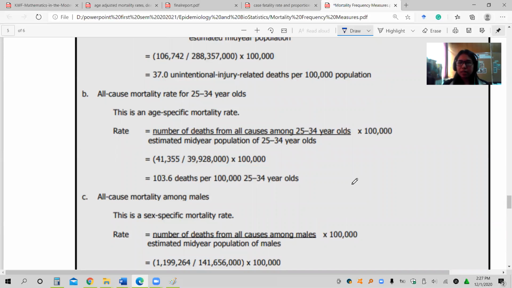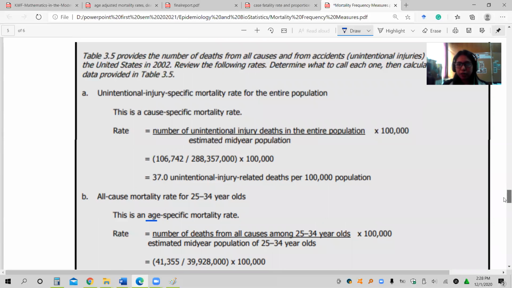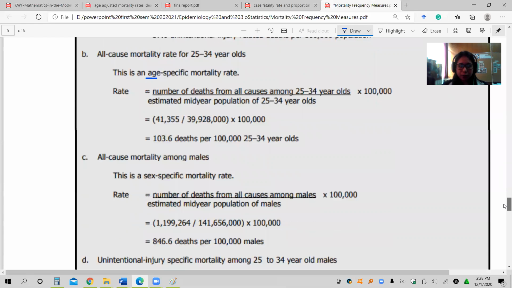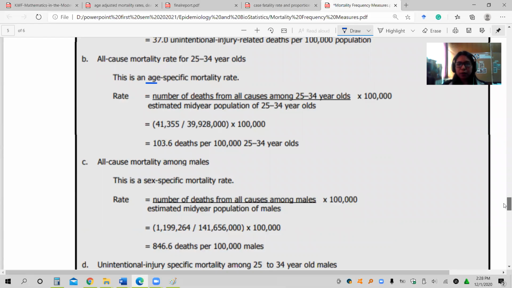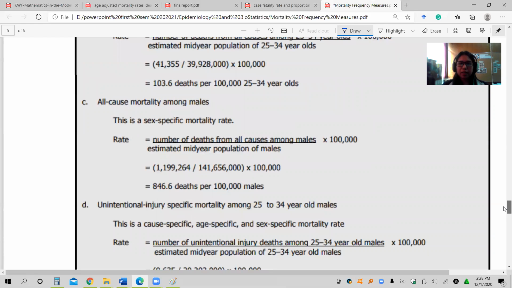By considering only the number of deaths from all causes among 25 to 34 years old. And since this is age specific, we mentioned that you have to consider only the estimated population of age 25 to 34 years old. So you will not consider the whole population, just like when we computed for unintentional injury specific mortality rate. So similar to this, how about if we're going to consider all-cause mortality among males?